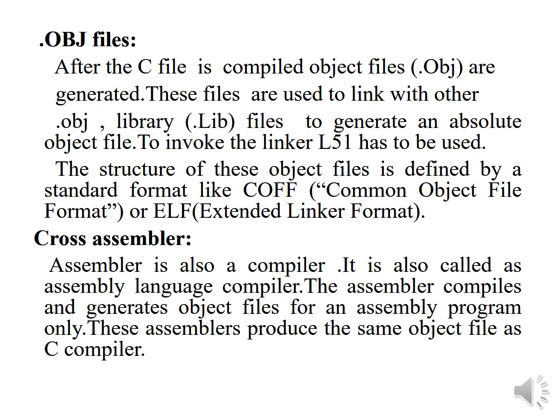The structure of these object files is defined by a standard format like COFF, the common object file format, or ELF, the extended linker format. So a cross assembler is also a compiler. It is used as an assembly language compiler. The assembler compiles and generates object files for an assembly program. Only these assemblers produce the same object file as a C compiler.